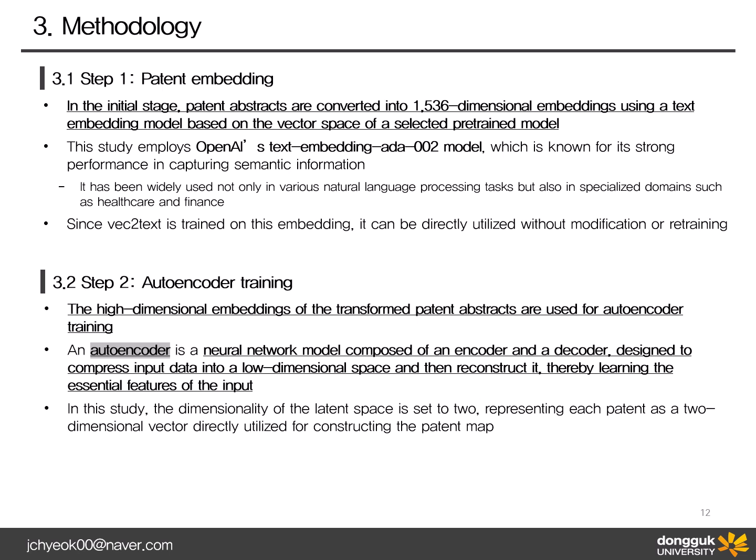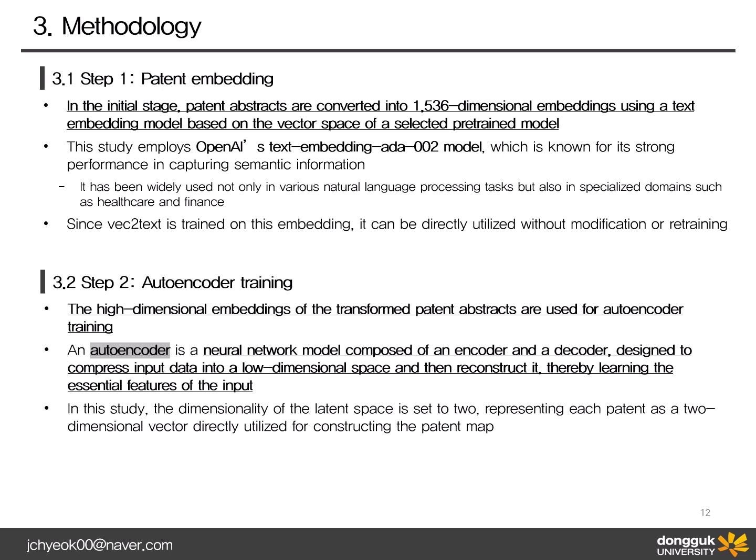In this study, OpenAI's text-embedding-ada-002 model, which is known for its strong performance in capturing semantic information, is employed. This choice offers the advantage of being directly compatible with back-to-text, as the model was trained using the same embeddings, allowing it to be utilized without any modification or retraining.